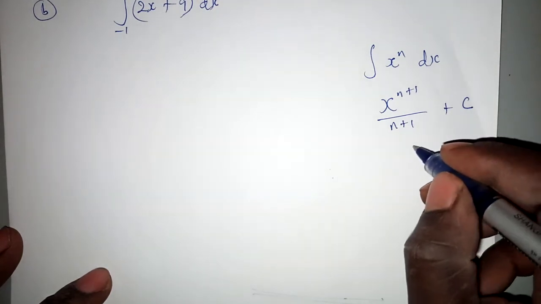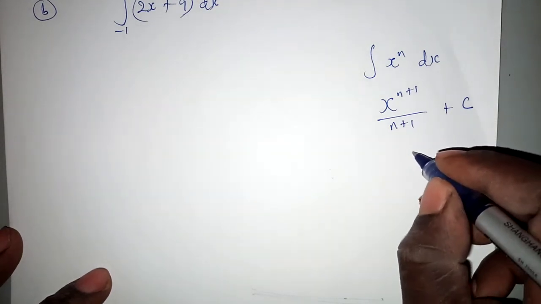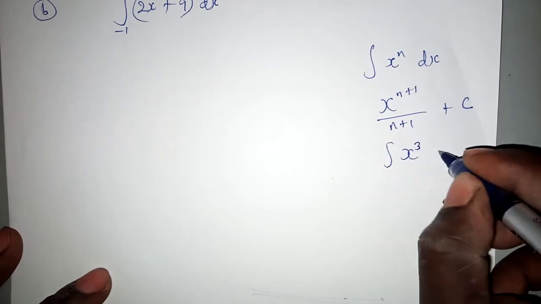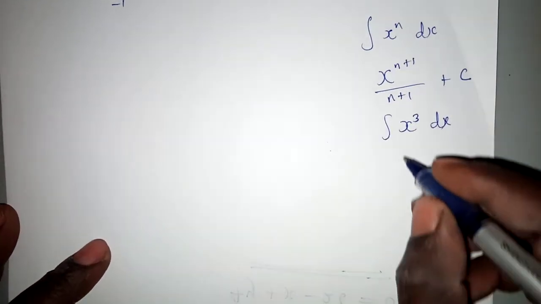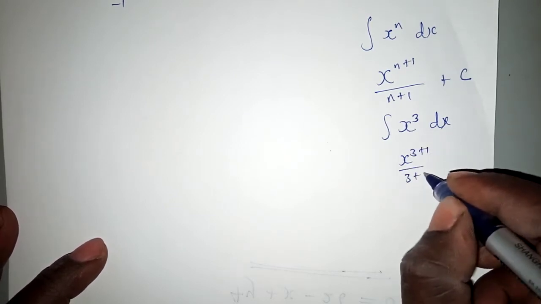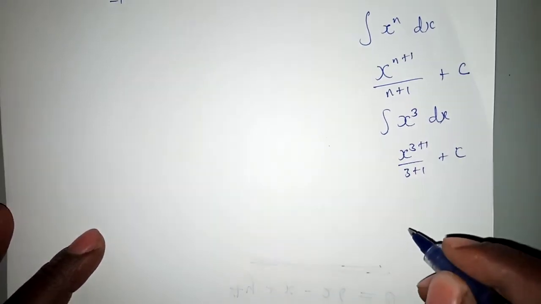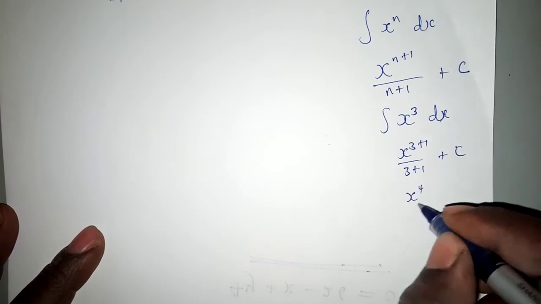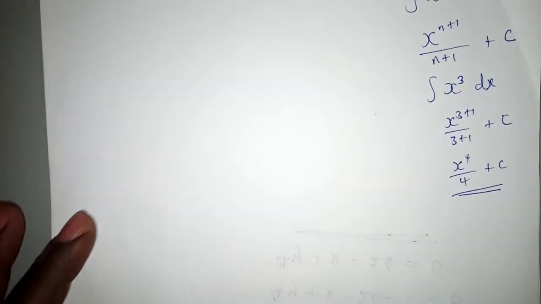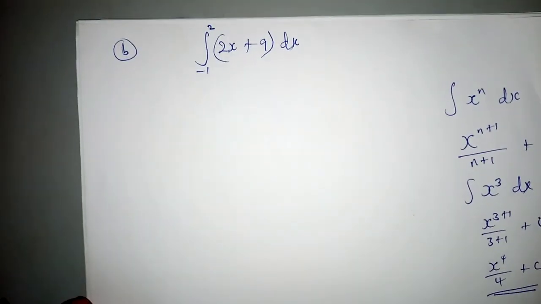For example, if you have x to the power of 3 and you are asked to integrate this, it is the same thing as x to the power of 3 plus 1 all over 3 plus 1, plus c, which is equal to x to the power of 4 all over 4 plus c. We're going to apply this formula to this function.